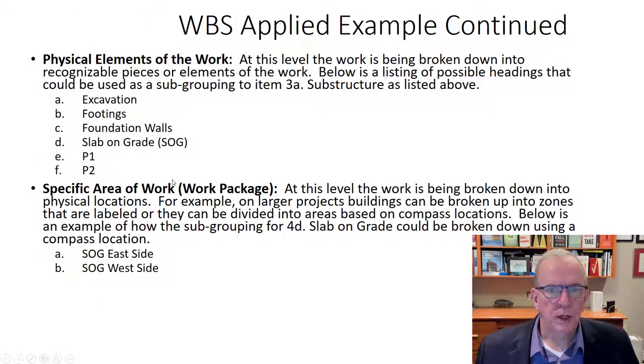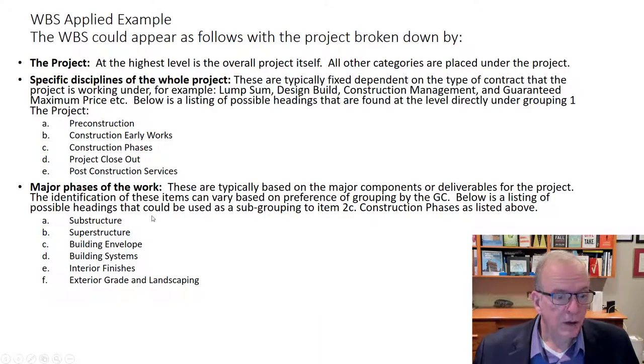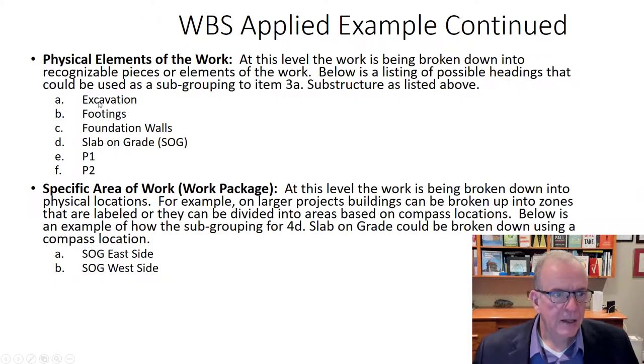And then if I'm going further down, I've got substructure, superstructure. If I look at substructure, number A, then under substructure I've got all these headings. This is everything at grade or below grade. Then if I'm looking at that, the slab on grade is slab on grade east side, slab on grade west side.